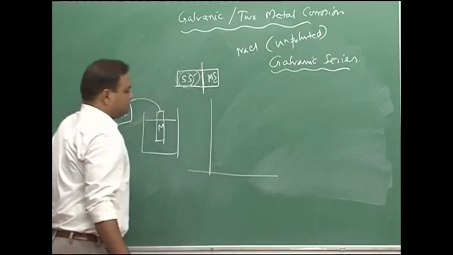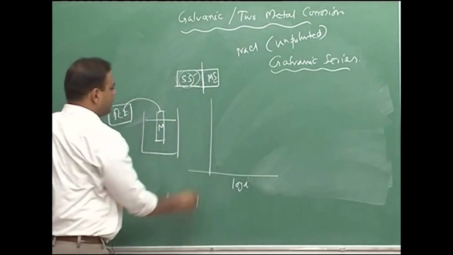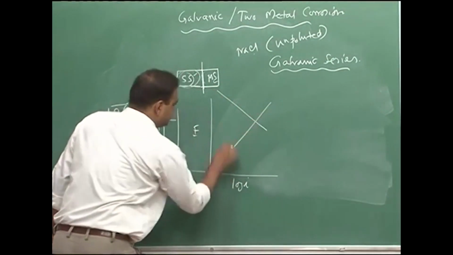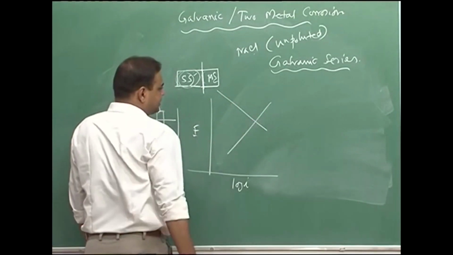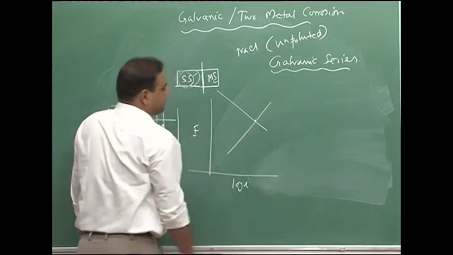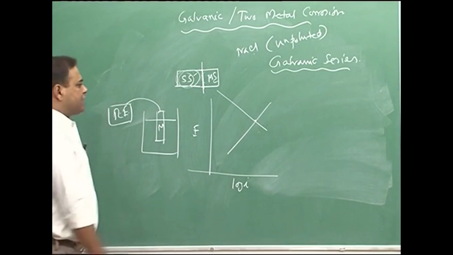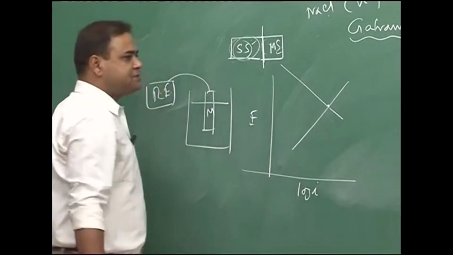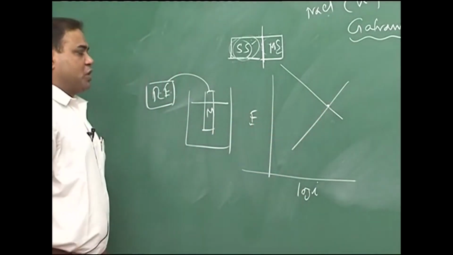With respect to mixed potential theory, if we do a log I versus potential plot, we will see the cathodic polarization line and the anodic polarization line cutting at a particular point, which is basically the equilibrium point, where the rate at which the cathodic reaction happens is equal to the rate at which the anodic reaction goes on.